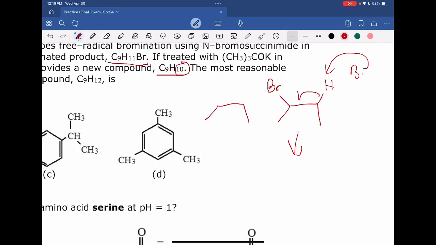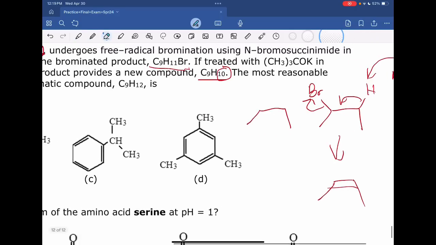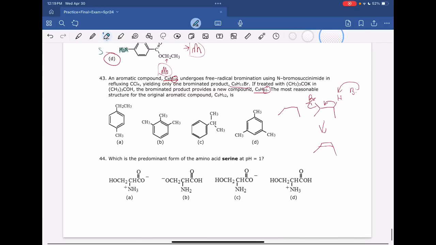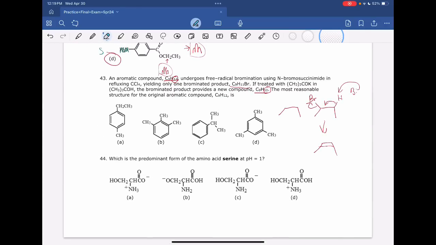You're going to form a double bond. And this is not the molecule, right? But just to give you an example of what the mechanism would look like. So, the question is just asking you which molecule can I brominate and then eliminate. You definitely, I mean, you could brominate all of these.